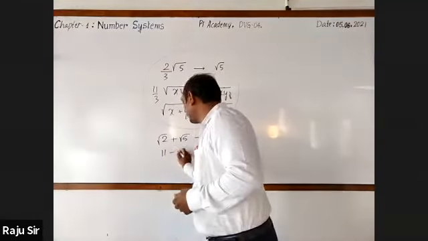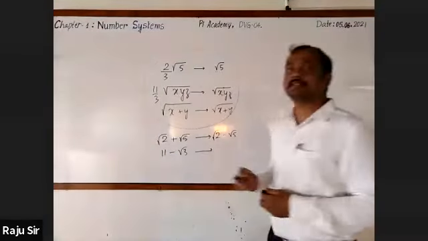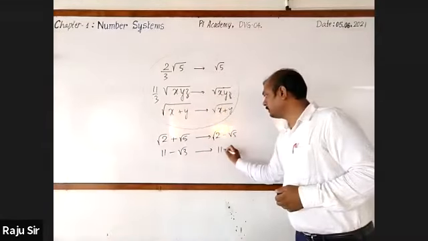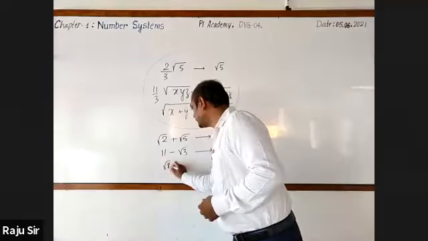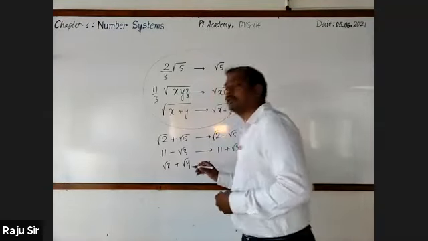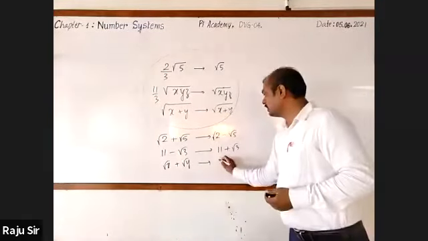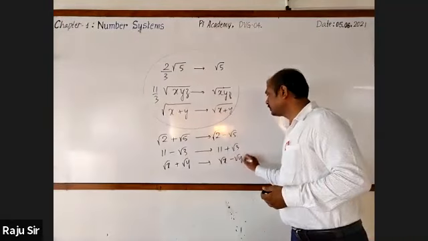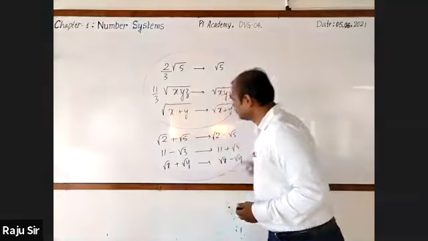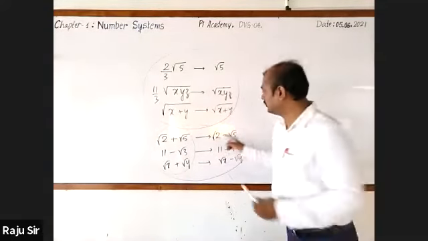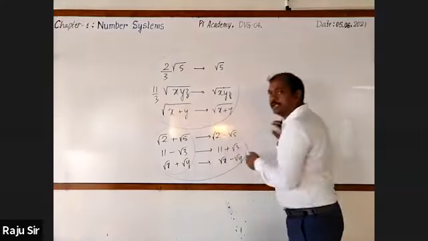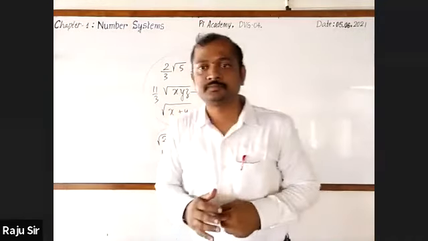If it is 11 minus root 3, its conjugate is 11 plus root 3. If it is root x plus root y, in general it is written as root x minus root y. So these are binomial irrational numbers with their corresponding conjugates.